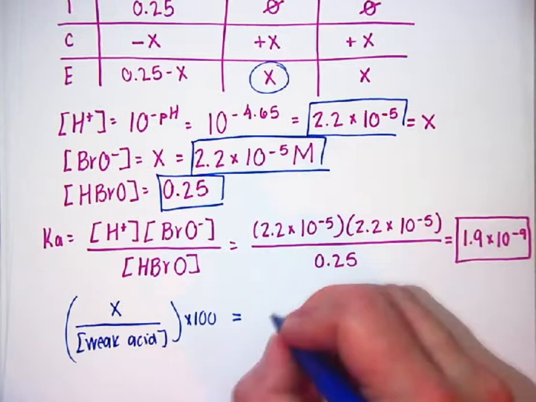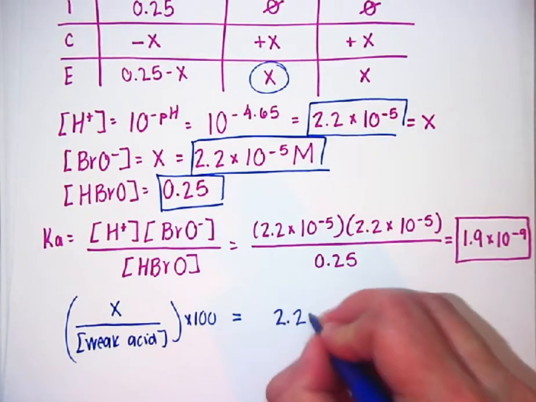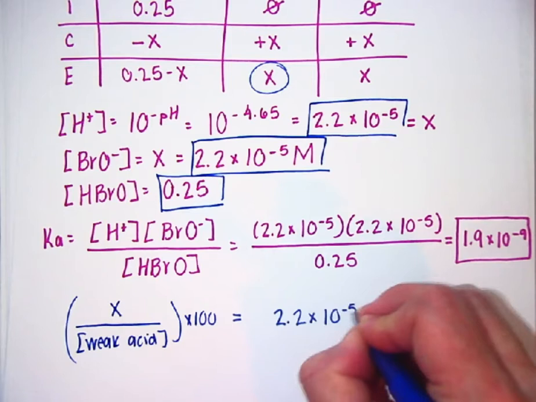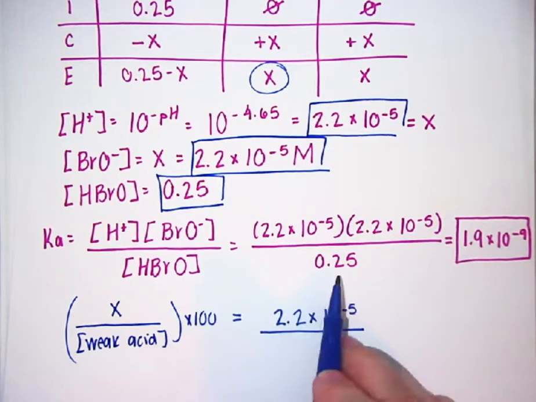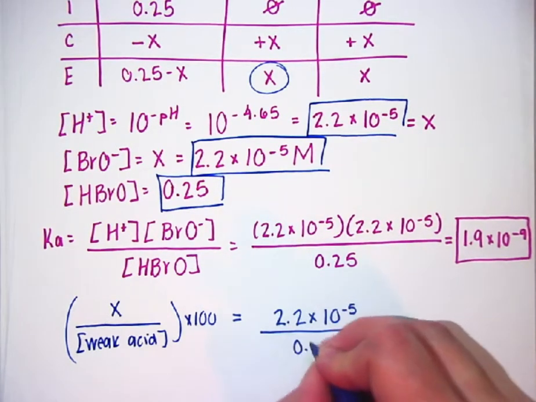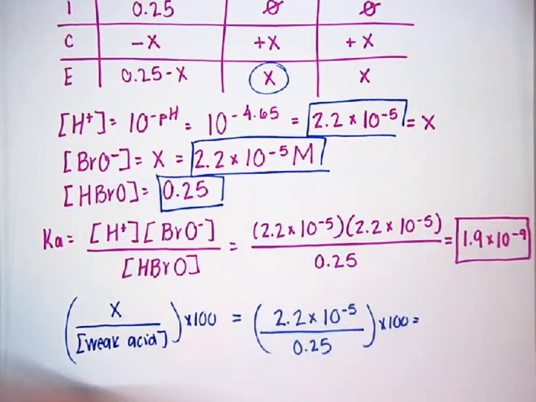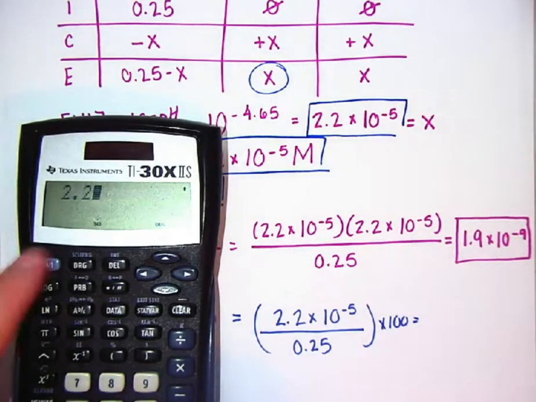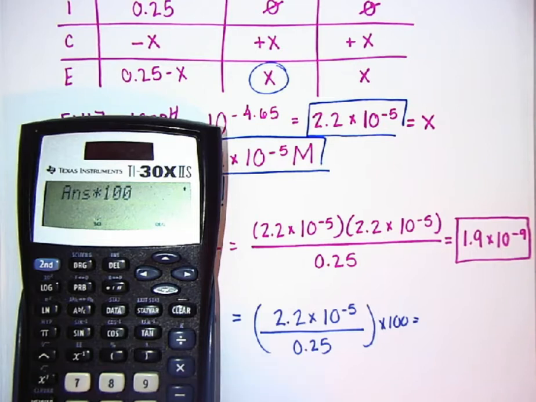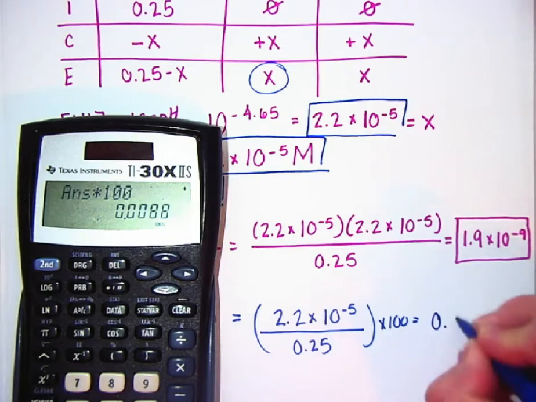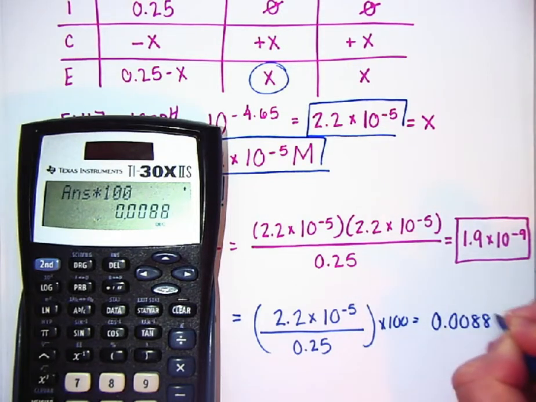We figured out that X was 2.2 times 10 to the negative 5th over the concentration of my weak acid. Let's figure out what that percent is. Super small, 0.0088%. Since it's less than 5, it's okay that we dropped X.